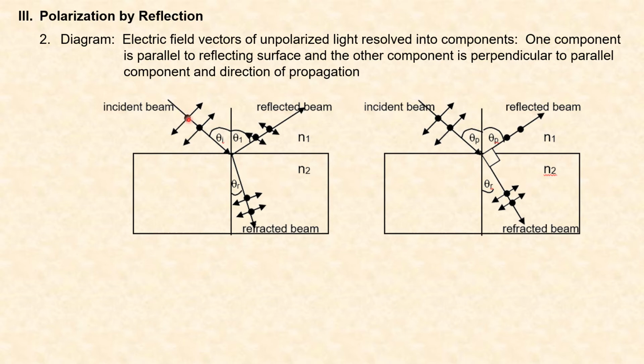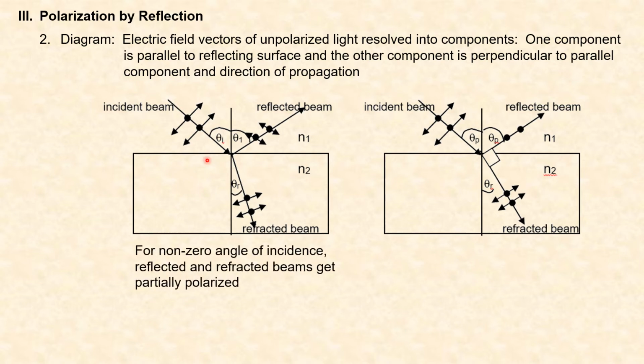And this component here would be parallel to the reflecting surface. The other component is actually drawn in the plane of the paper itself, or the plane of the computer screen itself. And this component is obviously perpendicular to the parallel component, and it's perpendicular to the direction of propagation.